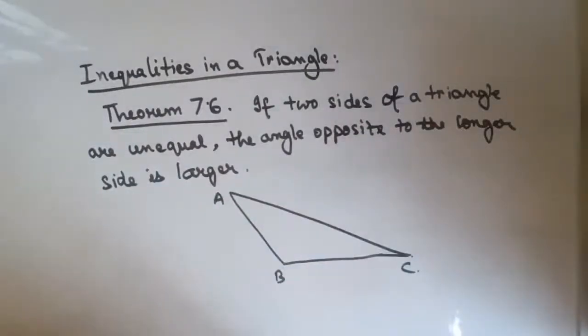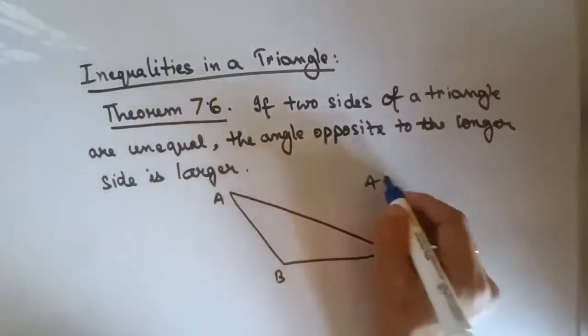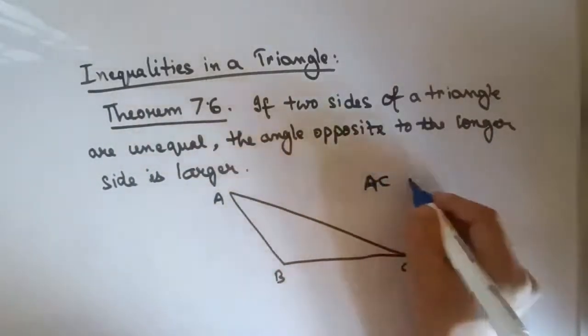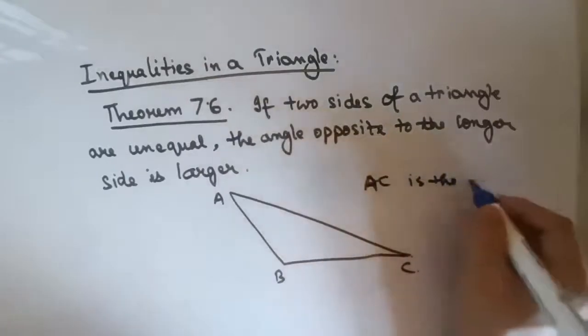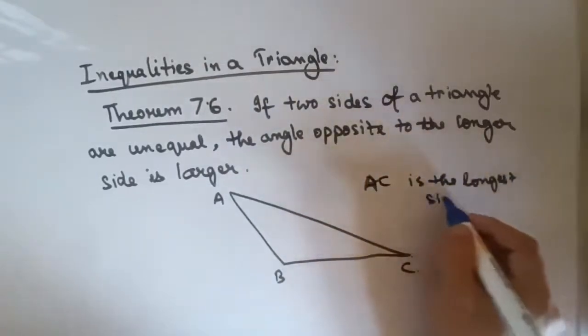Next, we will study Theorem 7.6, which comes under the heading Inequalities in a Triangle. This theorem states that if two sides of a triangle are unequal, the angle opposite to the longer side is larger. For example, triangle ABC is a scalene triangle in which AC is the longest side.